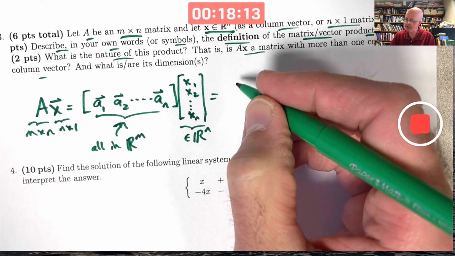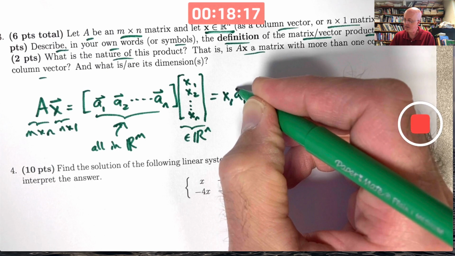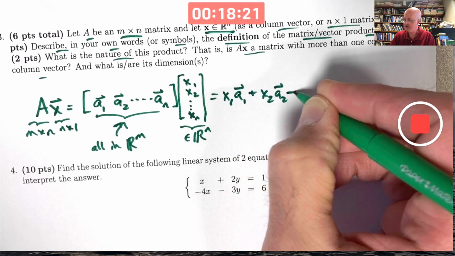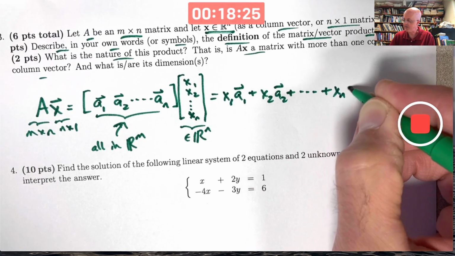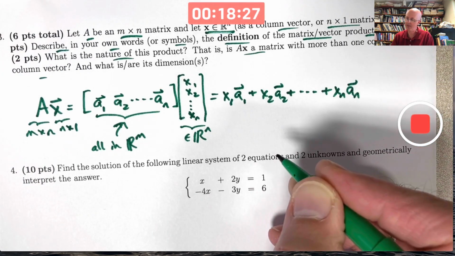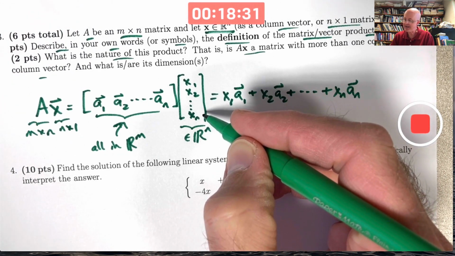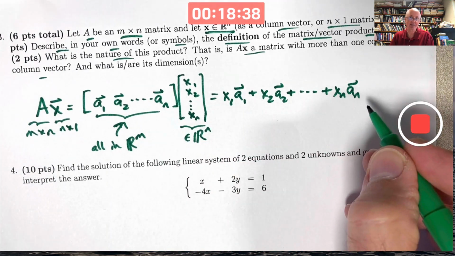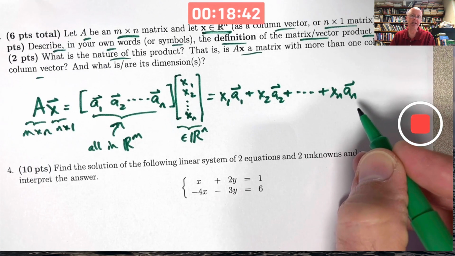In other words, the answer is the scalar x1 times the vector a1 plus the scalar x2 times the vector a2, etc., plus the scalar xn times the vector an. And because the number of components of this vector, n, matches the number of columns of capital A, n, this makes sense. There are n terms in this sum, n terms in this linear combination.